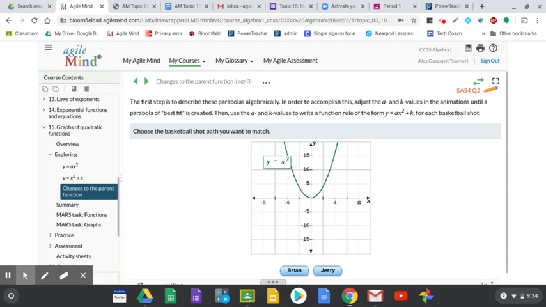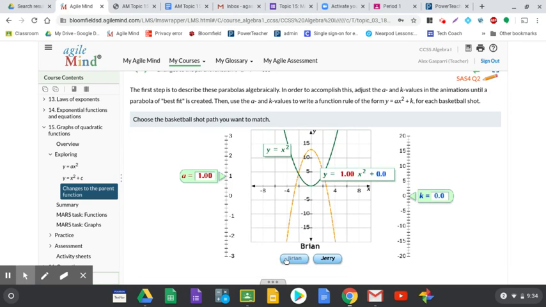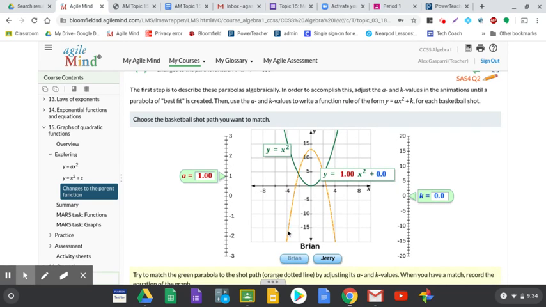If we look at Brian's shot first, let's click on Brian. Your job is to match the orange dotted parabola, because that's the path Brian's basketball actually took. So we need to turn our green regular parabola, which is y equals x squared, into this upside down parabola to match Brian's shot.